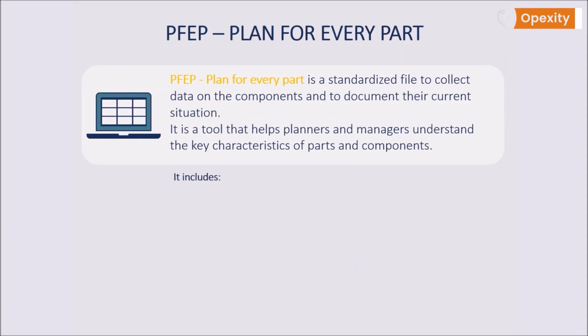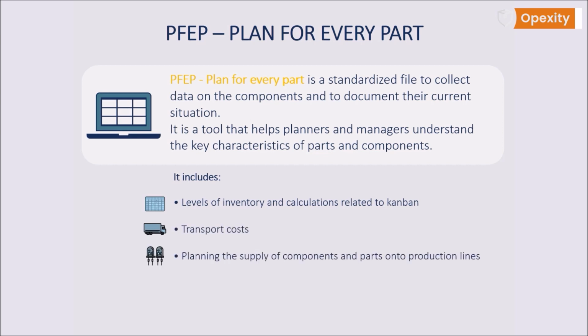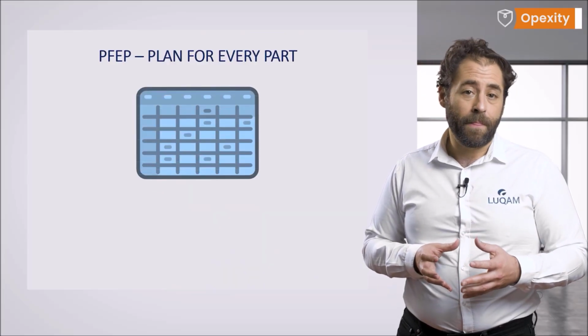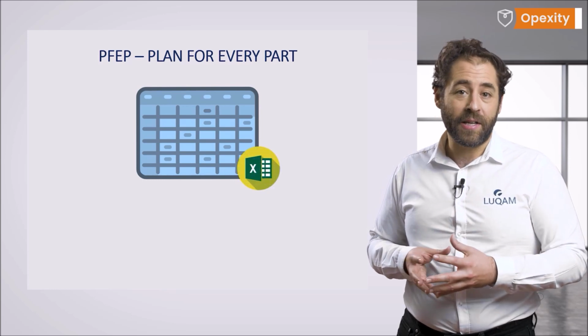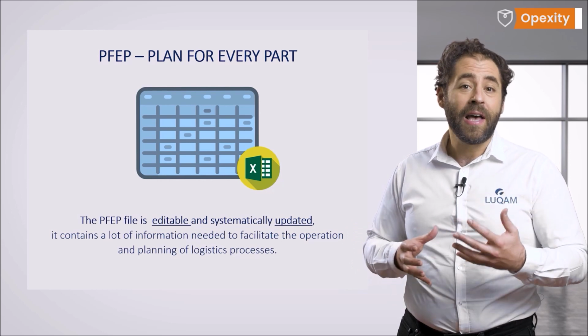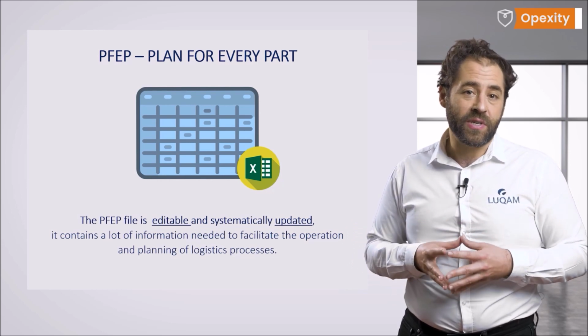It includes levels of inventory and calculations related to the Kanban, transport costs, planning the supply of components and parts onto production lines, requirements related to storage, and much more information. The PFEP file is editable and regularly updated. It contains a lot of information needed to facilitate the operation and planning of logistic processes.